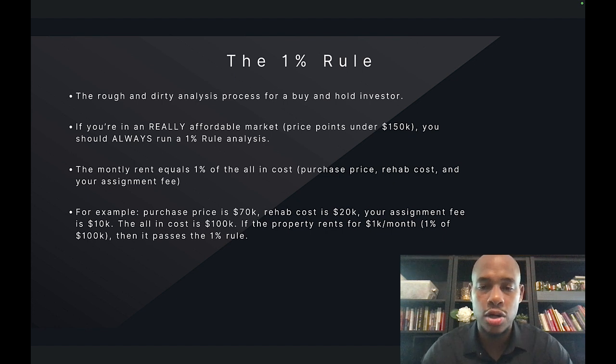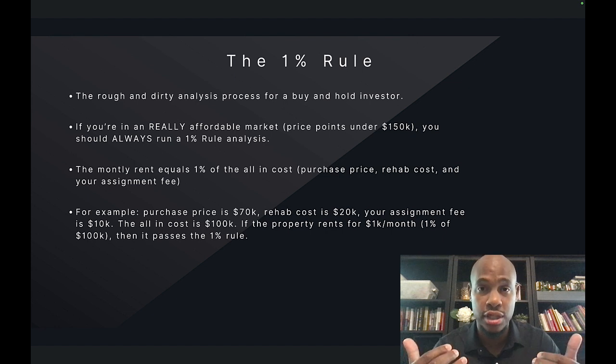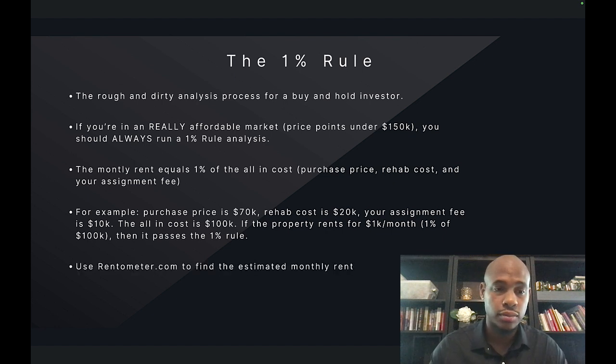Your rehab cost is $20,000, and your assignment fee is $10,000. That means the all-in cost, all three of those, is $100,000. If that property rents for $1,000 a month, which is 1% of $100,000, then it passes the 1% rule. It's as simple as that. Add up all three, and then if it's 1%, then it passes that rule.